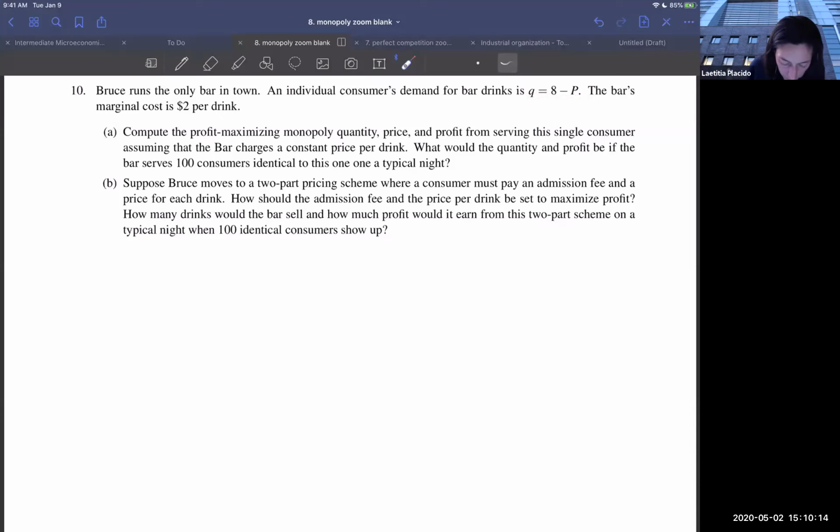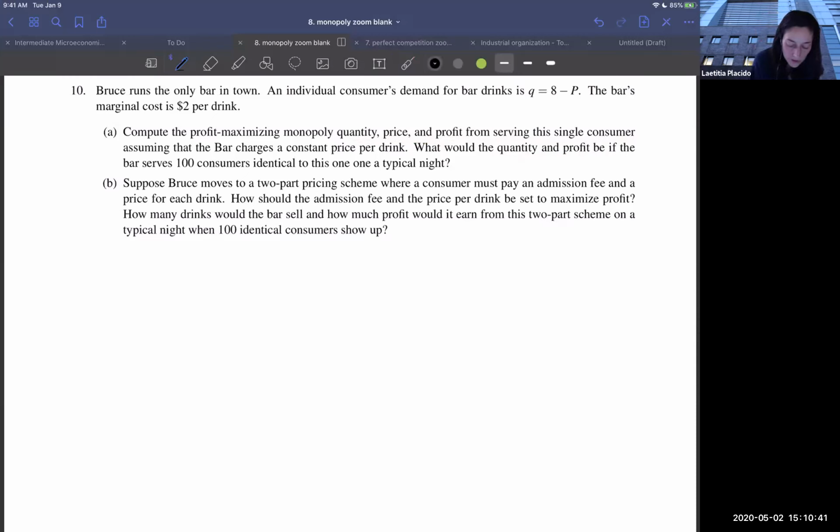The marginal cost per drink is 2. The first question says, compute the profit maximizing monopoly price, quantity, and profit from serving this single consumer, assuming that the bar charges a constant price per drink. And then calculate the quantity and the profit when you have 100 identical consumers.